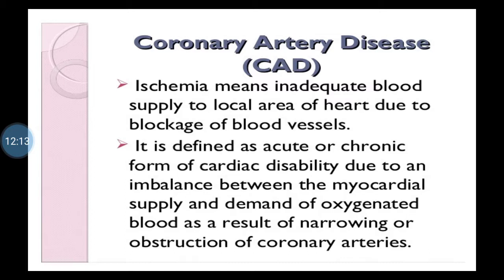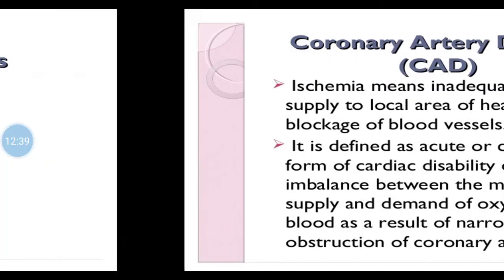So this may be because of the imbalance between the myocardium, that is the main heart muscle, and the imbalance between the supply of oxygen and demand of oxygenated blood, isn't it? Because of the obstruction that may be there, the deposition of cholesterol may be there in the coronary arteries.